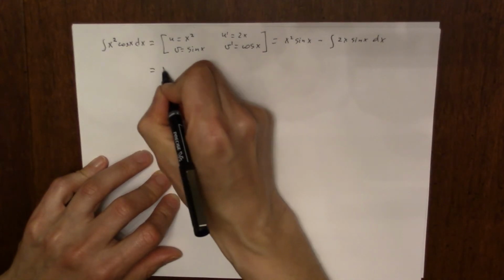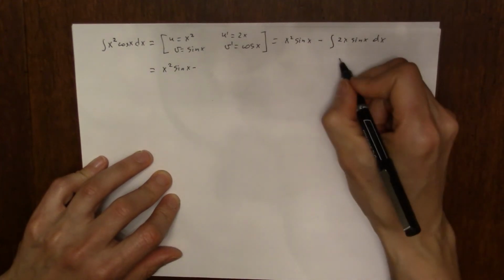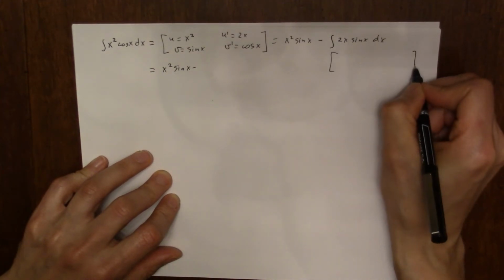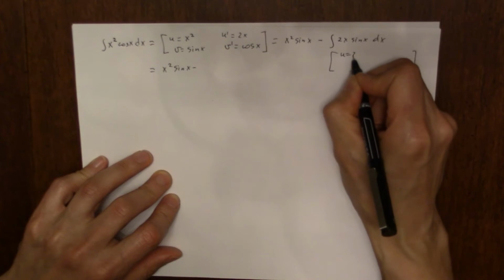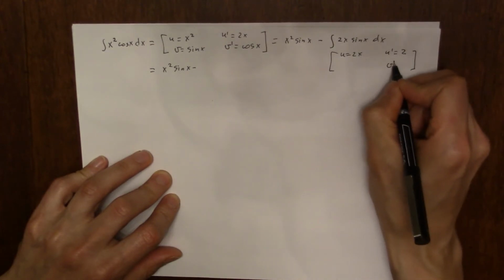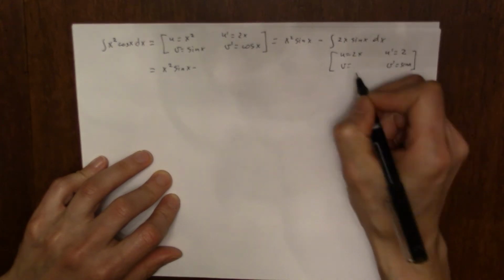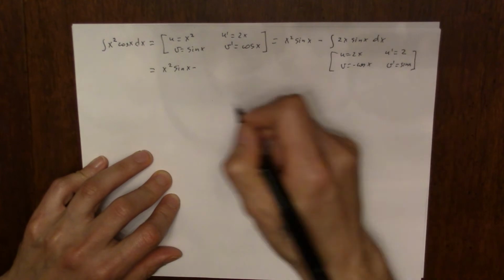So it equals x squared sine x minus. For this part, we'll do integration by parts one more time. u equals 2x, u prime equals 2, v prime equals sine x, v equals negative cosine x.